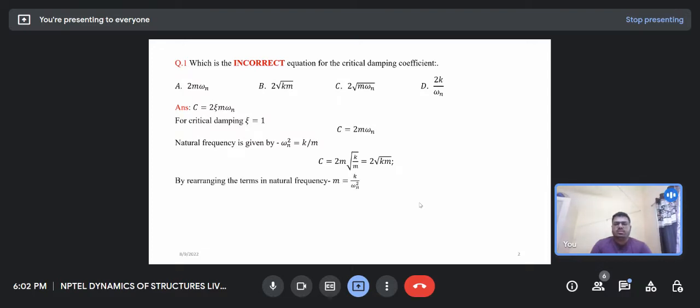Now we come to another option by rearranging the terms again. In this, we can put the mass as k by omega n square.